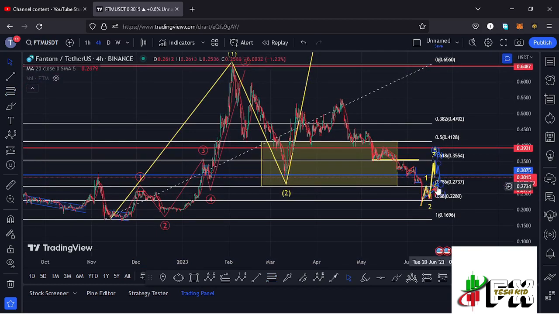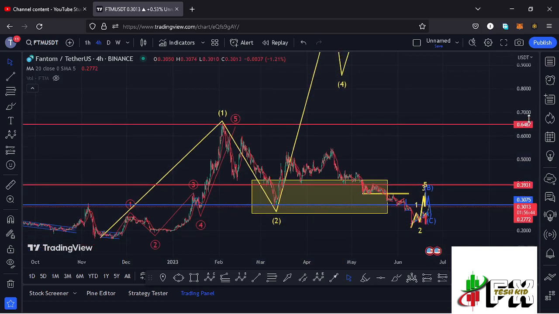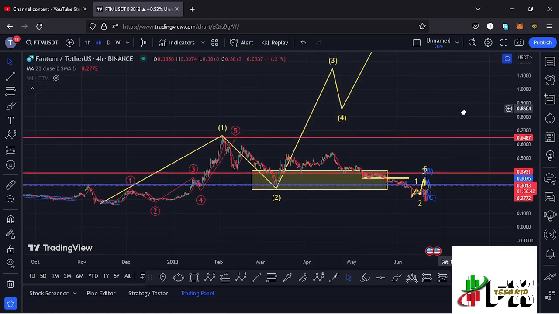And on the 10th of June, when we saw that massive crash, we at some point lost the fib level 0.78, though we found support at the fib level 0.88. As a result of that, I still believe that whatever we saw over here is still a second wave, and there are high chances that Fantom is still going to recover to the upside in the formation of this larger Elliott wave count 3 that I'm expecting from the long-term point of view.